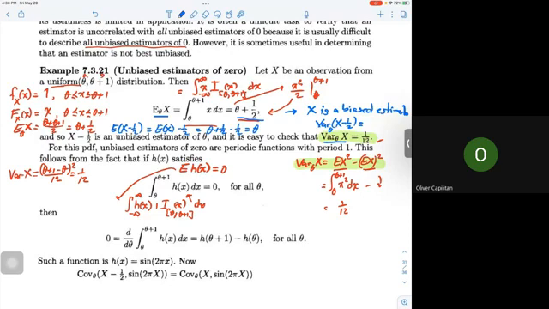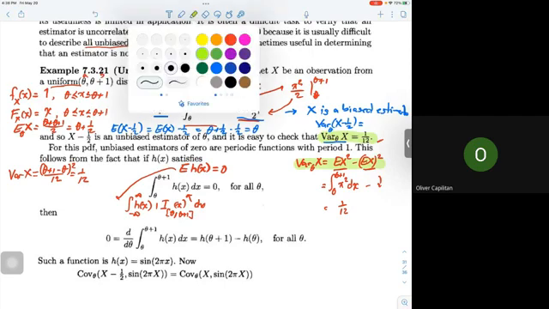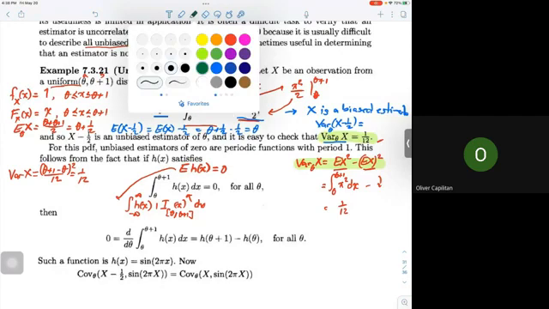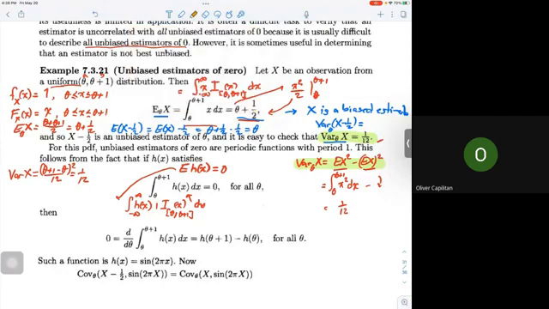So ito ngayon, ibahin natin yung color, dark green. Ito, sobra naman. Orange na lang. Ito, unbiased estimator.